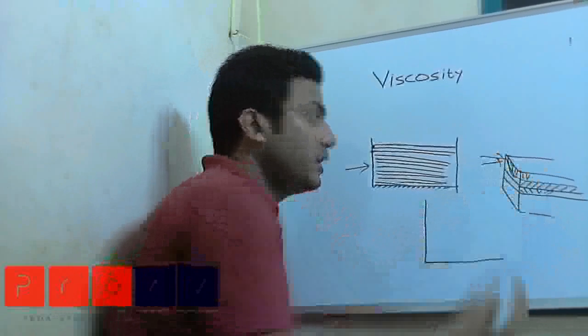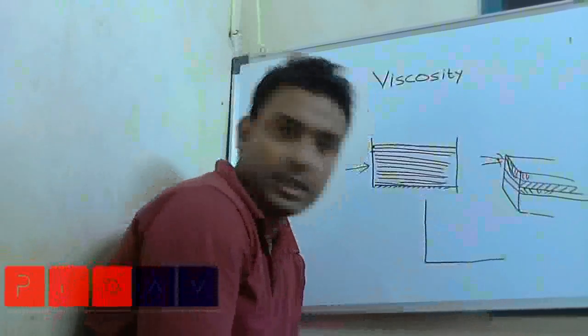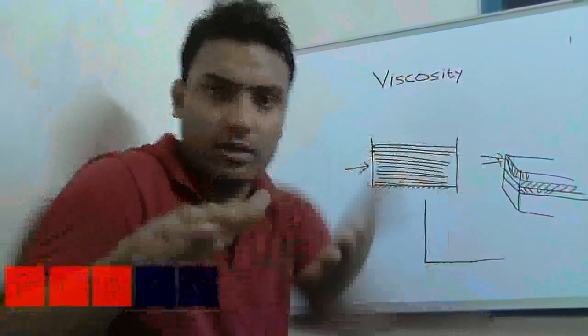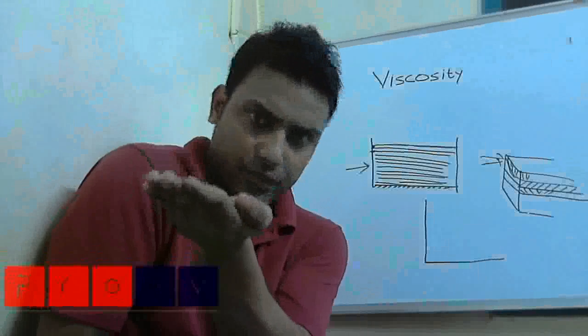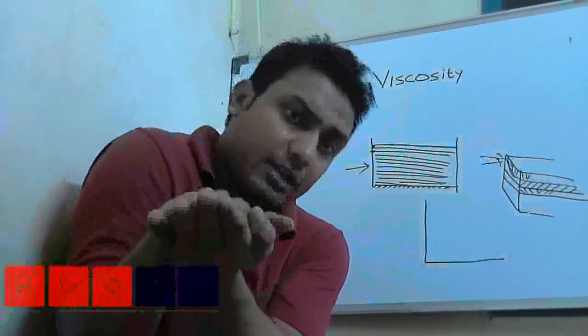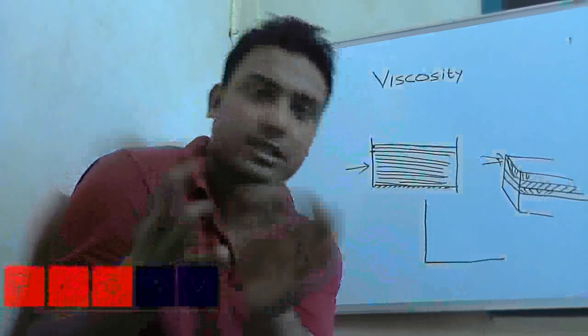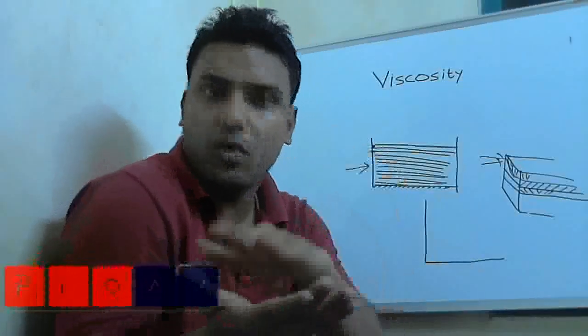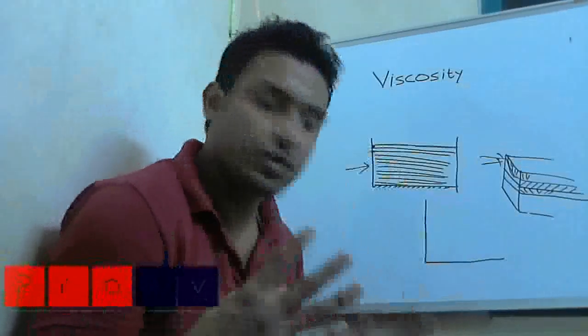They are flowing and resisting each other. Suppose there is one layer and we put the second layer over it. When there is movement, it will offer some resistance. The resistance offered by the layers is the viscosity.